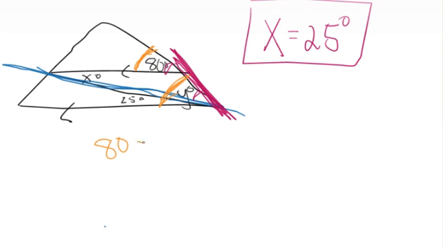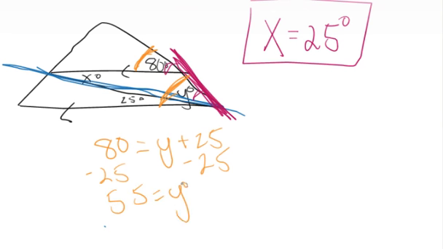So we should get 80 should equal y plus 25, which means I have to subtract 25 from both sides. Subtract 20 from 80, we get 60, subtract 5, we get 55 degrees, and that would be a solution to our problem. Sound good? Sounds good to me. Moving on, Basketball Jones.